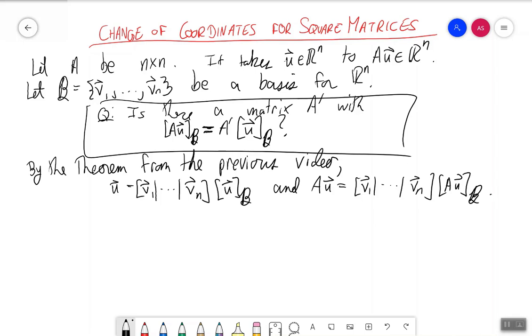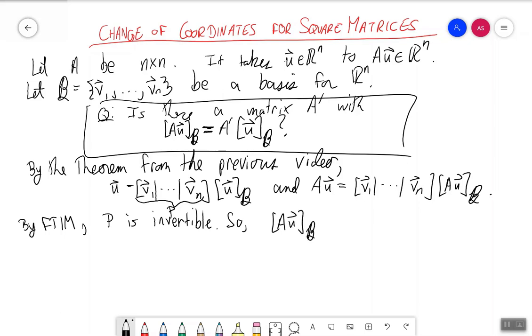So I don't have to keep writing this partitioned matrix, I'm going to call it, just for this video, P. We know that P is invertible. So the coordinate vector of Au with respect to B is equal to P inverse times Au.